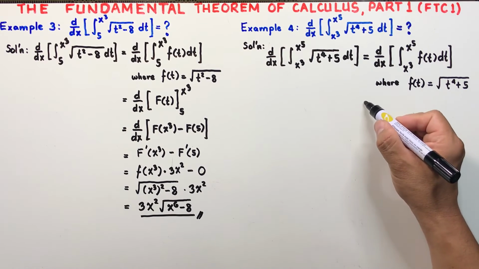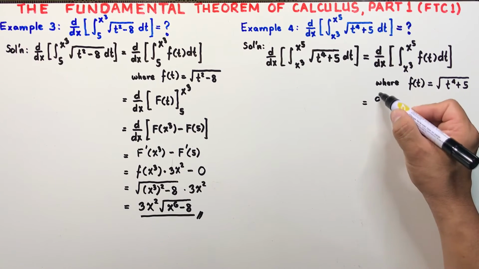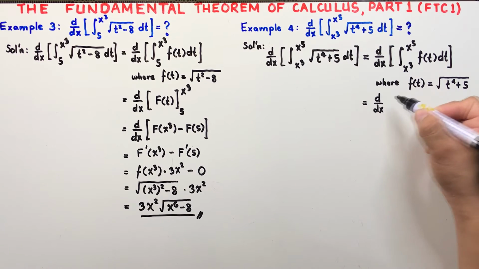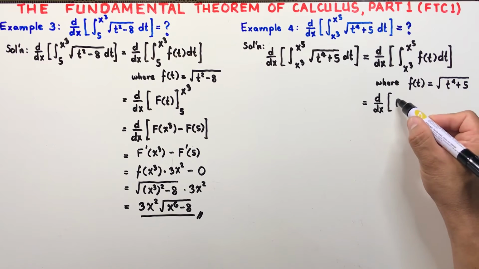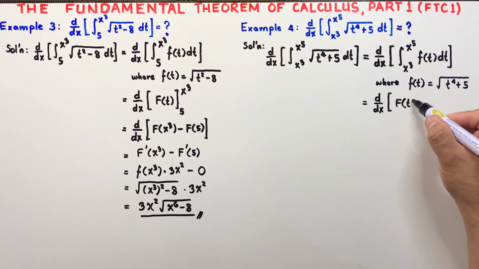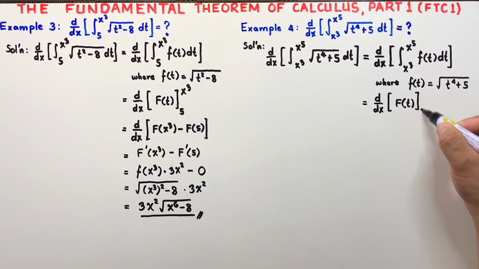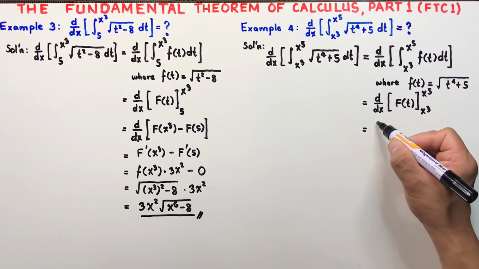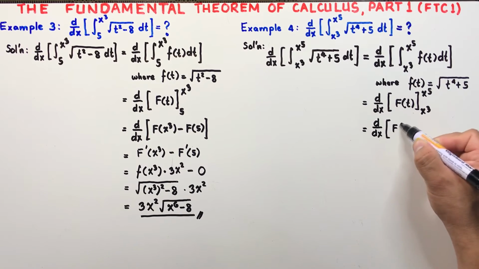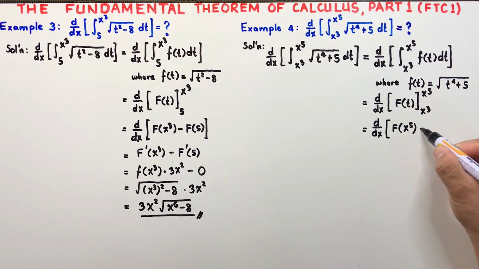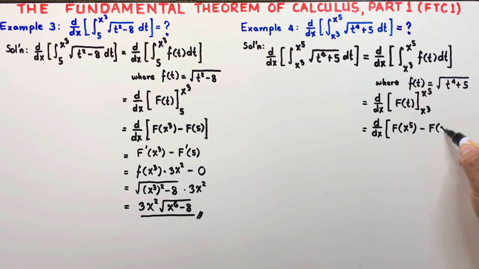So using the hypothesis of the fundamental theorem of calculus, this integral of the small f is just the big F. So this is the big F of t evaluated from x cubed to x to the power of 5. So evaluating from the limits of integration, we have the big F of x to the power of 5 minus big F of x cubed here.